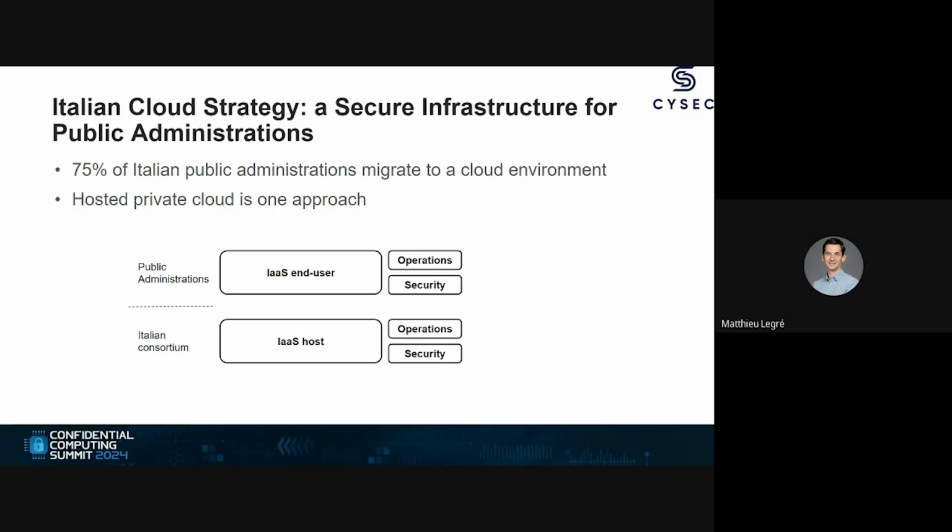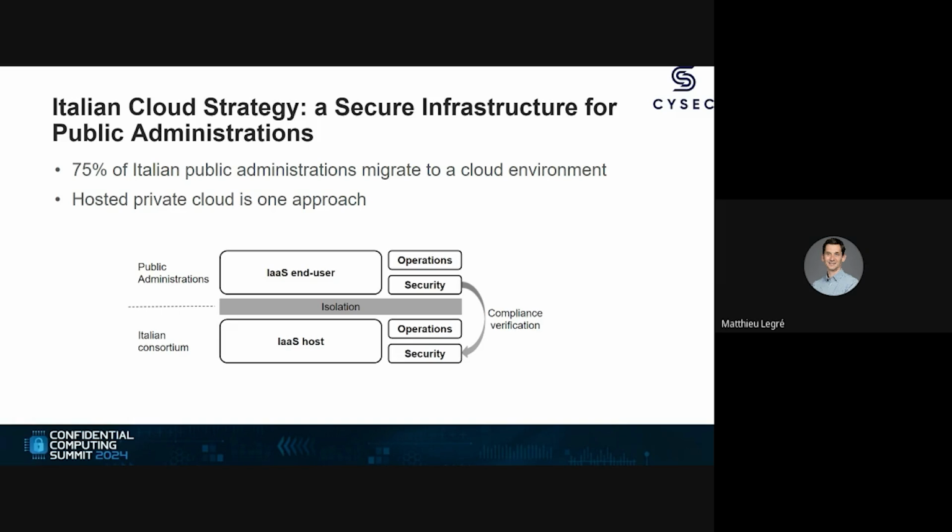The peculiarity of this hosted private cloud is that the public administrations want to add an extra layer of isolation between the end user and the host. That's why they want to include confidential computing. And also they want to have a look at the security mechanisms put in place by the host, this Italian consortium.